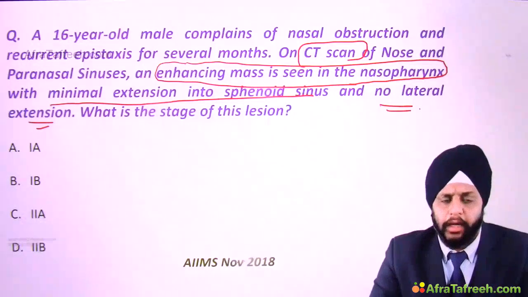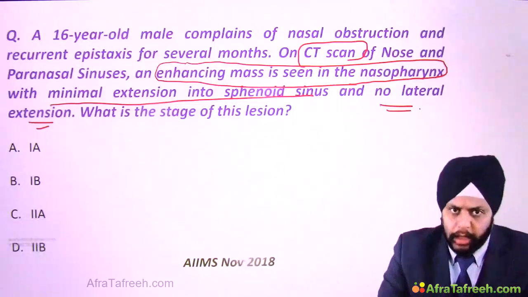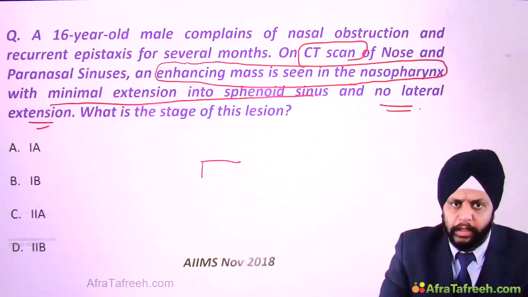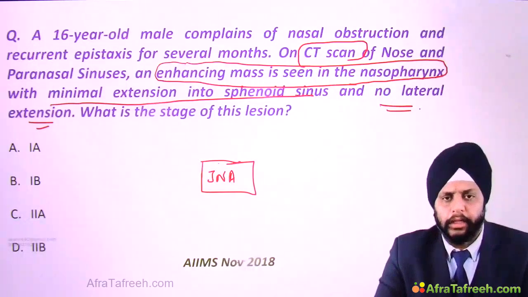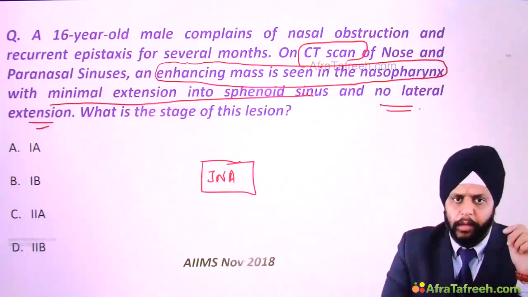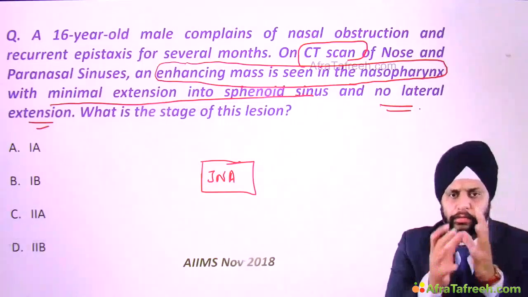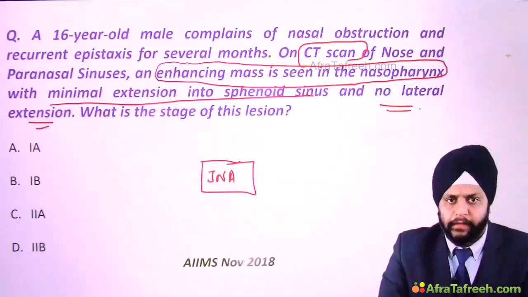Now to understand the staging of JNA, let me give you a basic idea. Suppose this is the JNA. Now the JNA can spread in 3 ways. Number 1, it remains in the nose, in the nasopharynx. That means it is in the center.